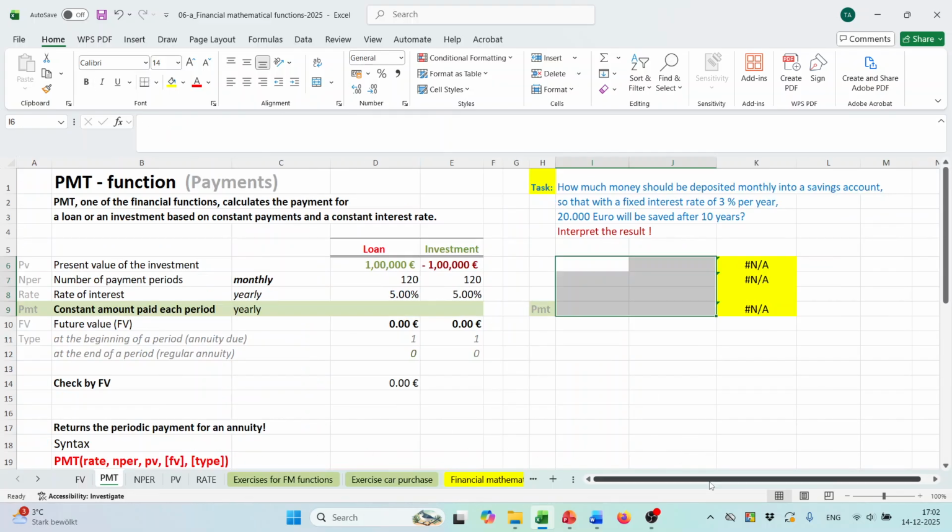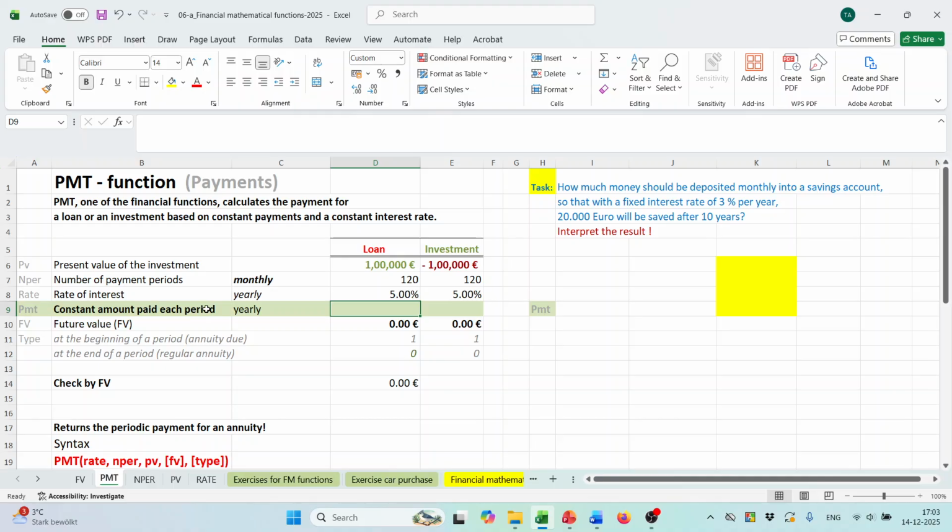So let's calculate another one. This is around the same math. So here we are going to calculate the constant amount paid each year.